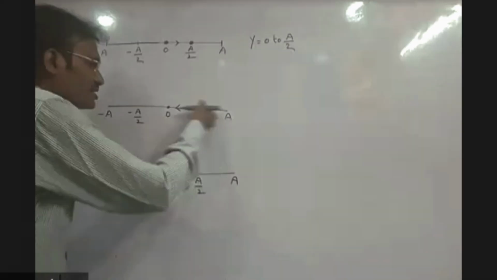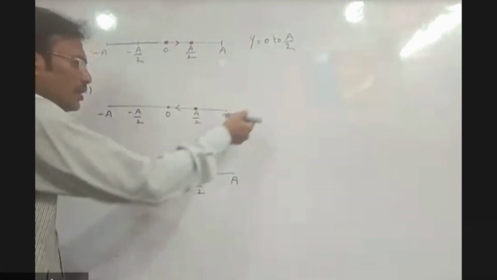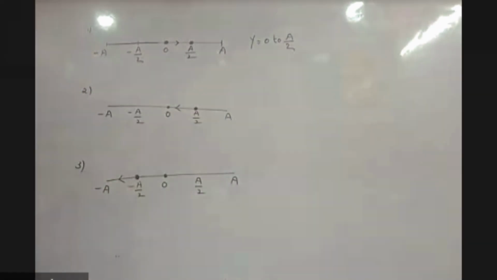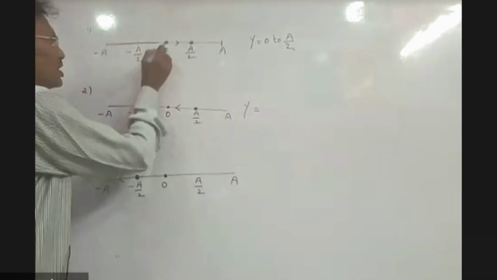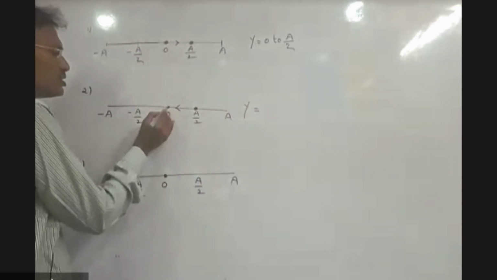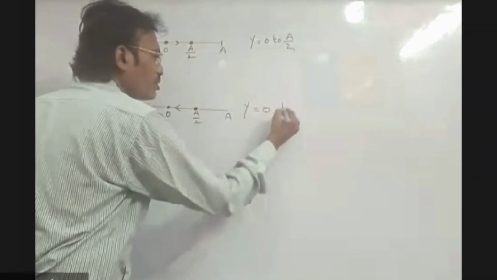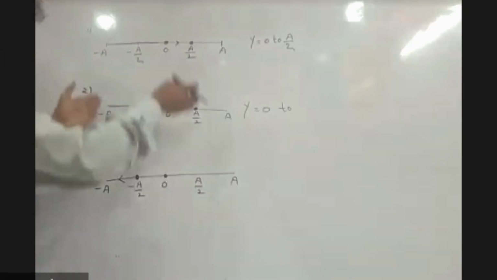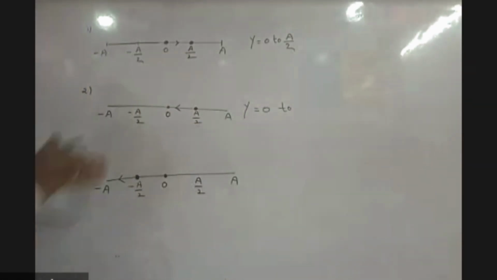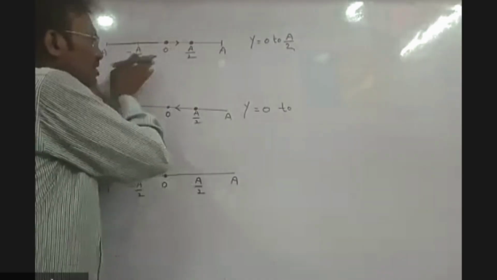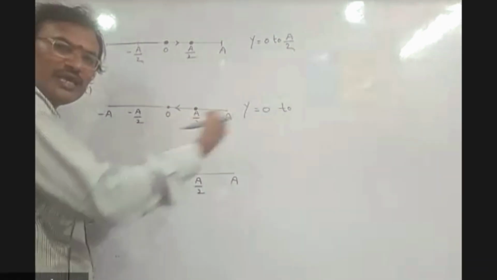The arrow mark is like this. The meaning of that is, the initial position is mean position, so the starting position is 0 only. All the three are interlinked. Remember this, all the three are interlinked. 0 to A by 2 is traveled. In the second case, direction is changed.